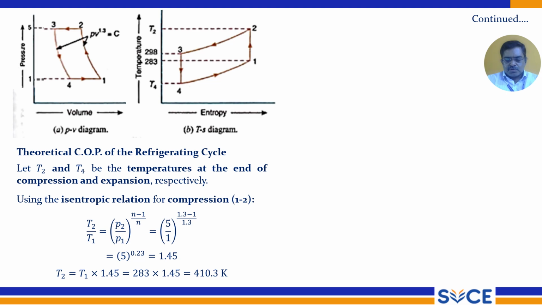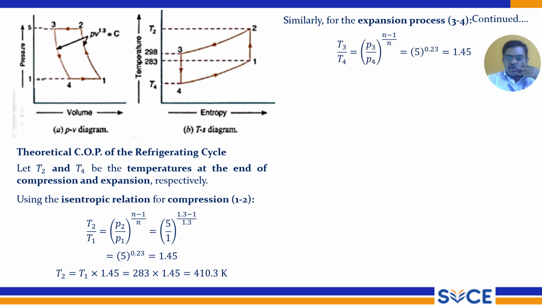We know T1 is 283 Kelvin, so T2 becomes 410.3 Kelvin. Similarly, for the expansion process 3 to 4, T3 divided by T4 equal to P3 divided by P4 to the power n minus 1 divided by n, that is equal to 1.45. So T4 can be computed from this equation, that is 205.5 Kelvin.